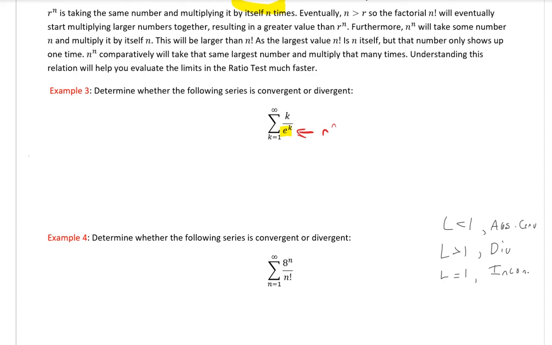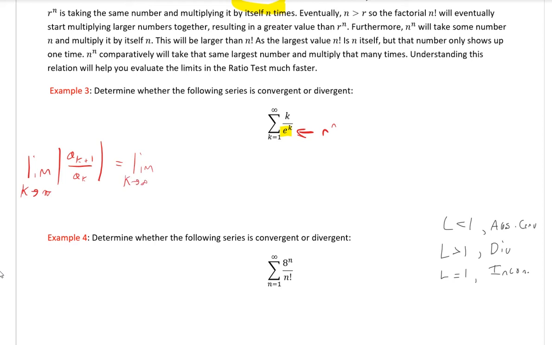So let's try that. We want to find the limit as n approaches infinity of the absolute value of, in this case, this is k, so a to the k plus 1 over a sub k. The absolute value is irrelevant here because there is no negative 1, so we can drop that as k approaches infinity.